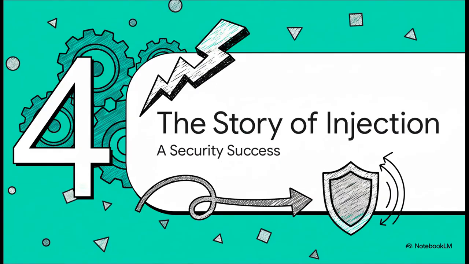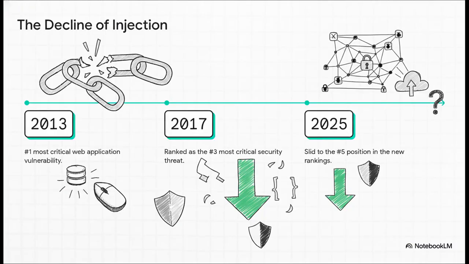There's no better way to understand this whole evolution than by looking at the story of a vulnerability that used to absolutely dominate this list: injection. I mean, just look at this trend. For years and years, injection was the undisputed number 1 threat. It was the classic attack that every developer learned about. But over the last decade, it has steadily dropped down the rankings, and now it's sitting at number 5.